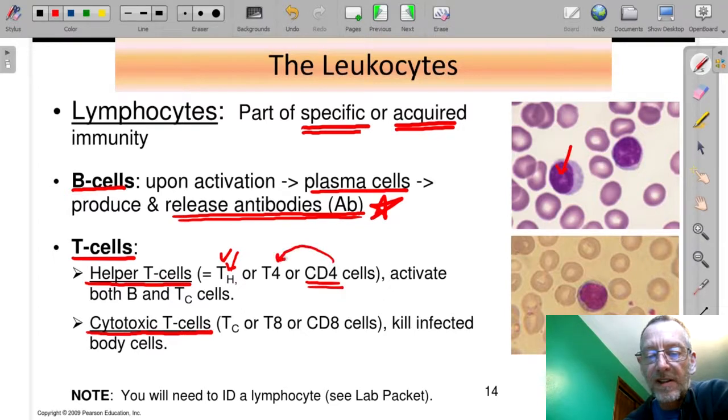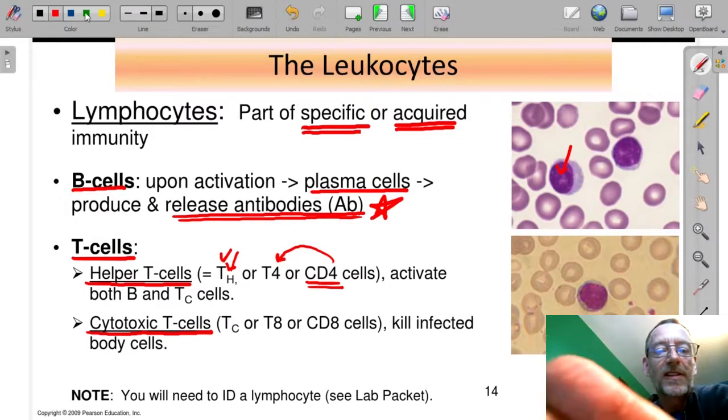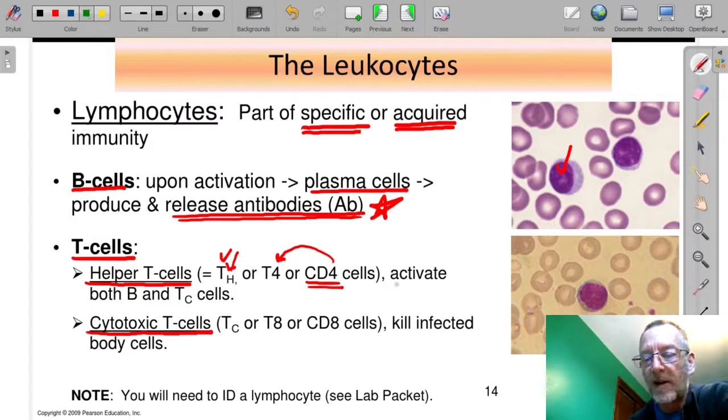So these are T cells with that particular antigen on the surface. And the helper T cells activate other cells of the immune system. They get them revved up and going. So they activate other B cells and also the T cells. Well, they activate all lymphocytes involved in a specific immune reaction.